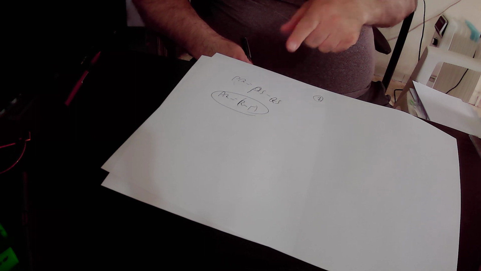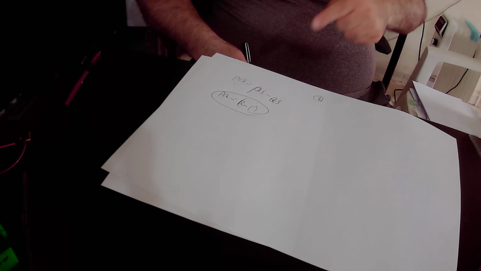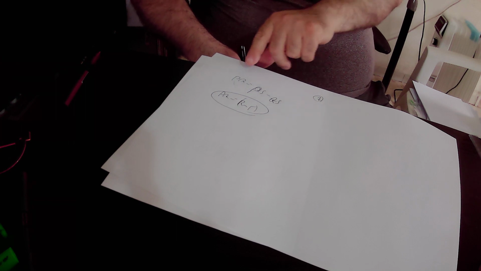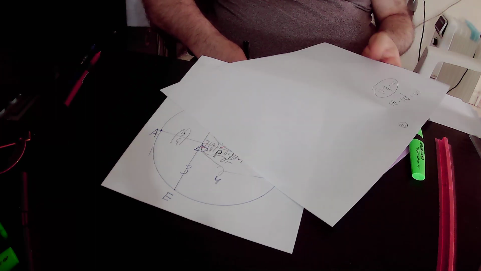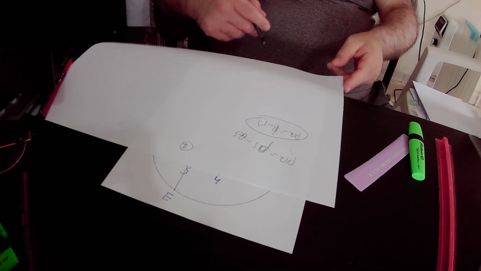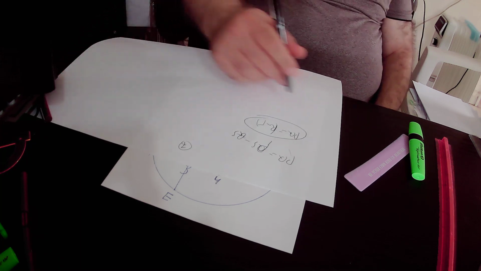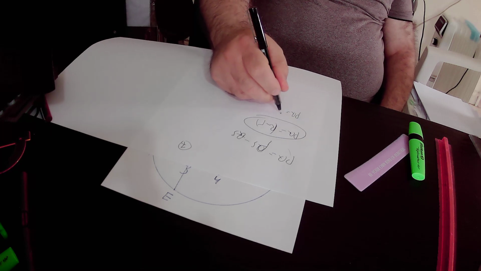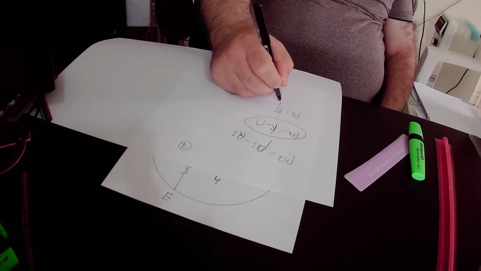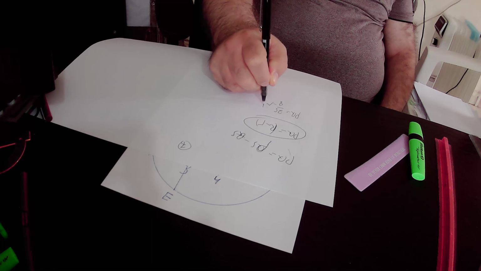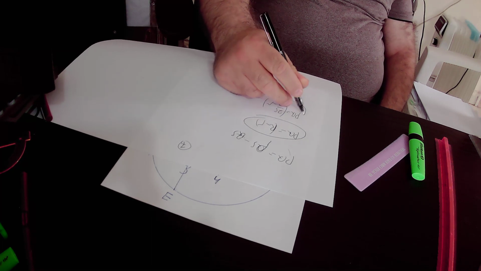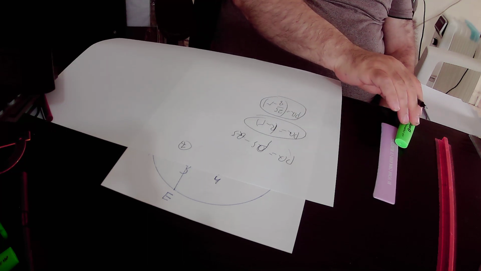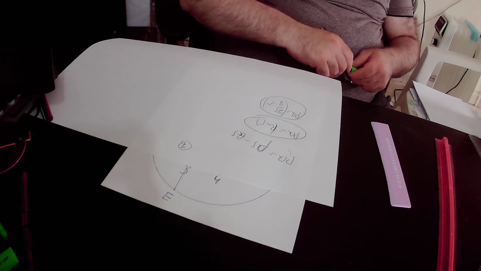But we already found out that capital R equals 25 over 8, so we can substitute capital R by 25 over 8. We do it now, and we get in conclusion PQ is equal to 25 over 8 minus small r. Okay? PQ equals 25 over 8 minus small r.